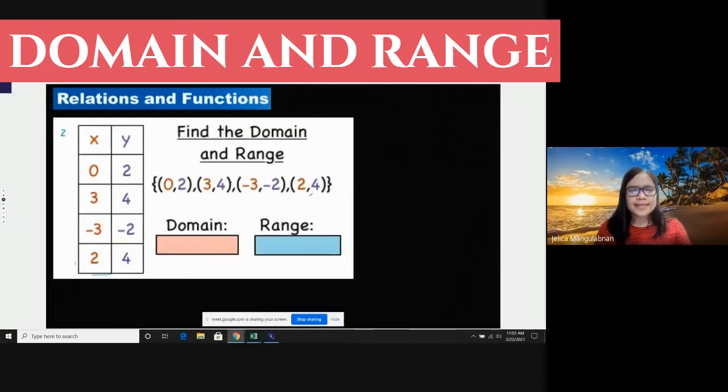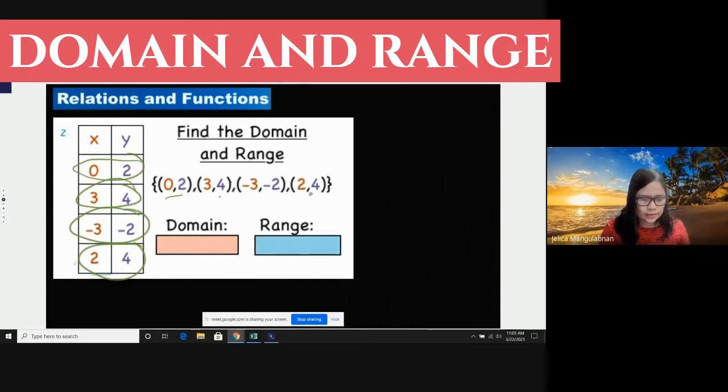For example number 2, this is a table of values. To write this table of values as a set of ordered pairs, you just write them like (0, 2), that is the first one, then (3, 4), (-3, -2), and (2, 4). After writing them as ordered pairs, we can easily identify the domain and range.